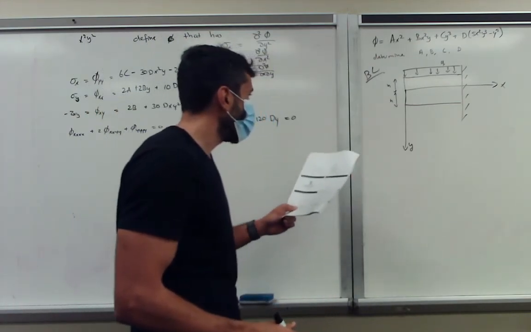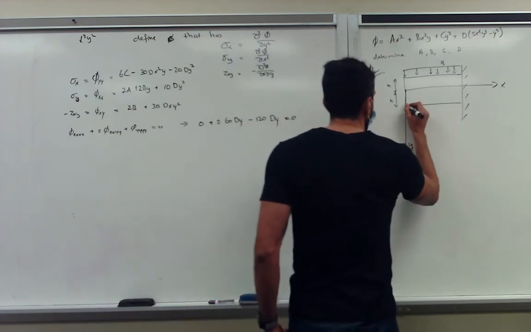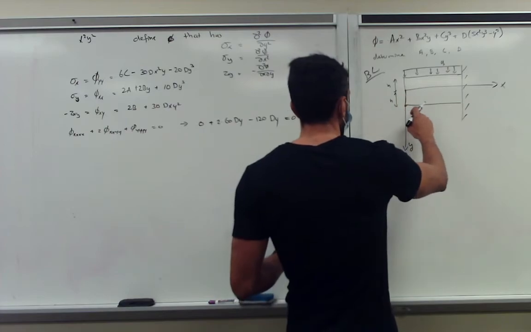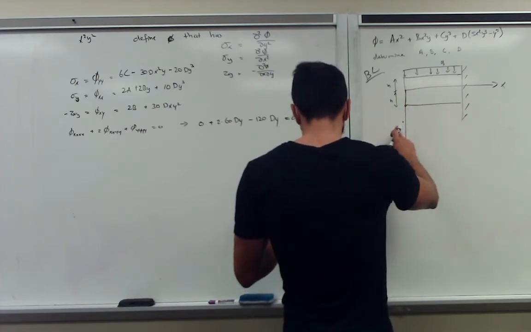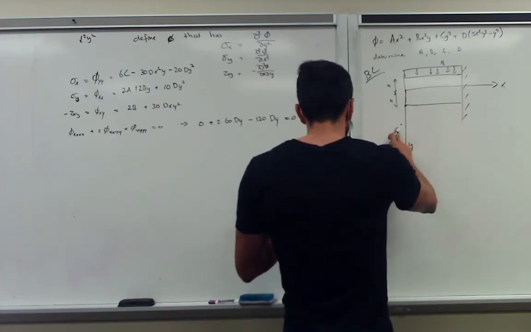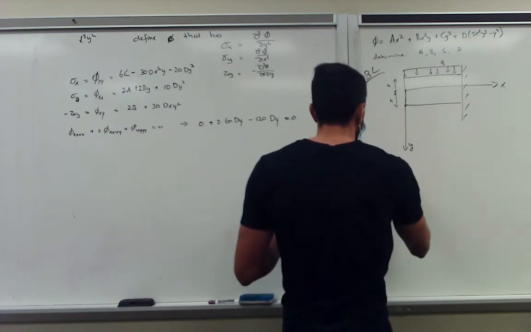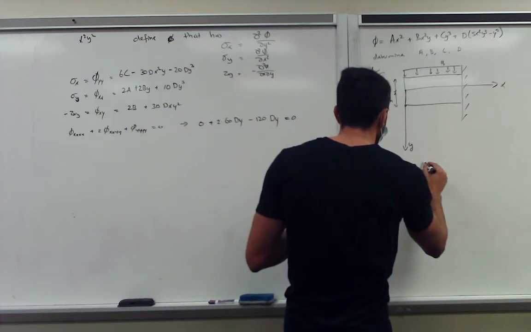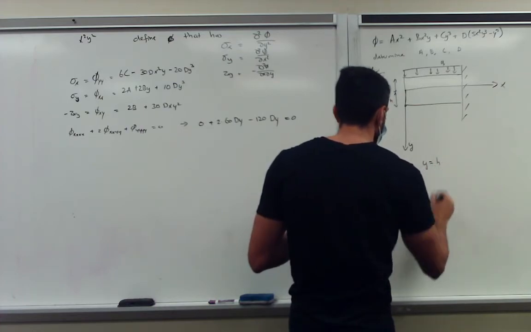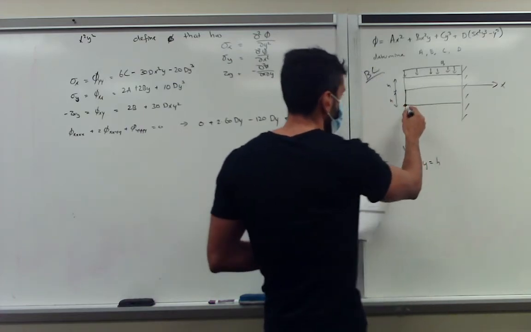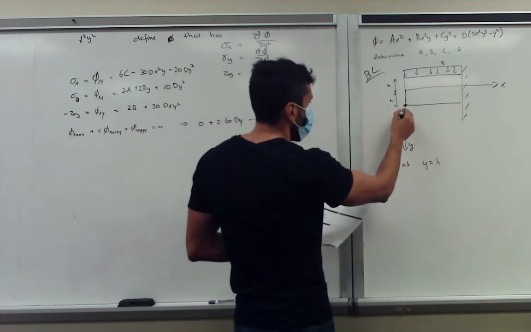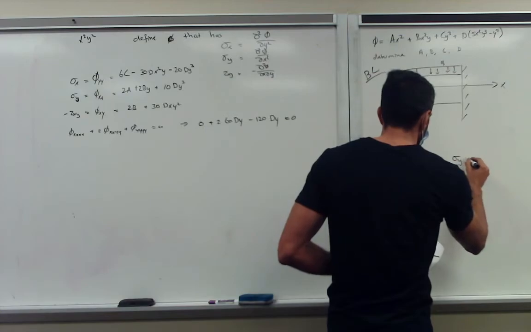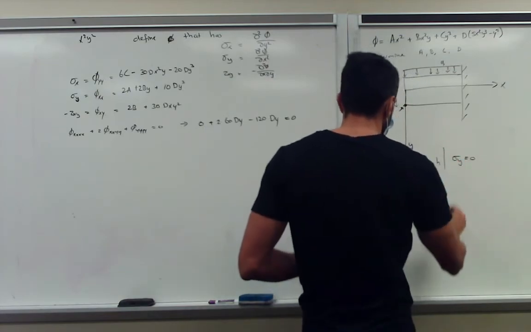So we can tell that here at y is equal to h, this location here, sigma y is equal to 0 based on the boundary conditions.